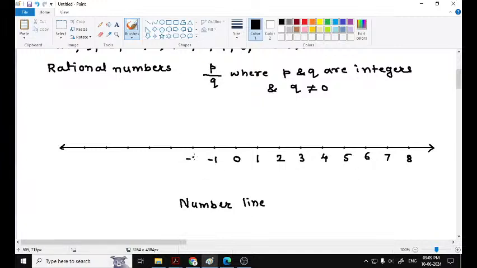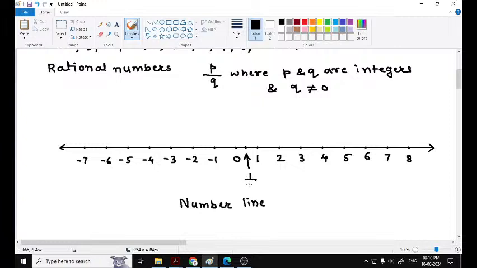If we add numbers smaller than 0, this whole is now set of integers. And if we write numbers in between any two natural numbers, whole numbers, then we get rational numbers.